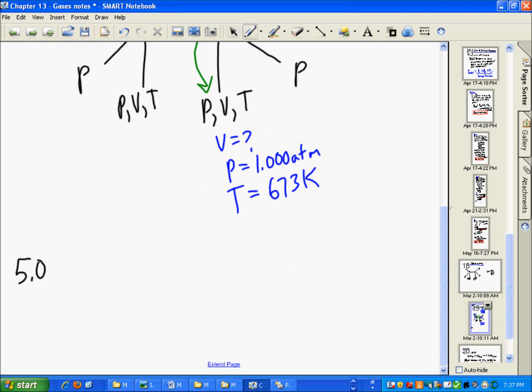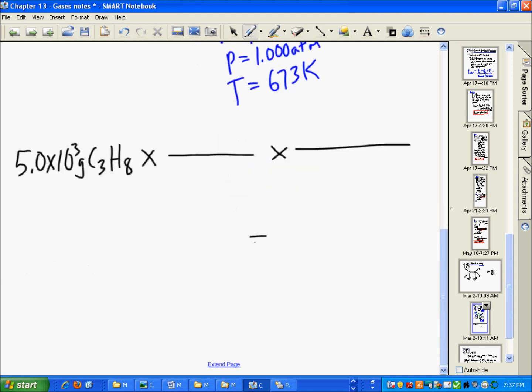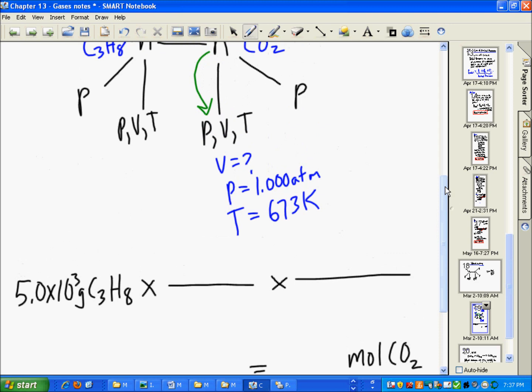So 5.0 times 10 to the 3 grams C3H8, and you'll have 2 lines, and the third step is going to be a separate calculation using the ideal gas law. So we need the moles of CO2, because we'll need that to go into the ideal gas law, because what we're going to be doing is n equals PV over RT. No, it isn't. We want volume.